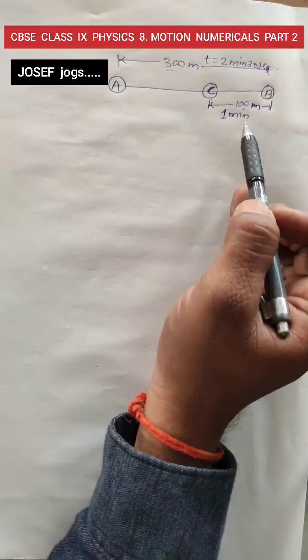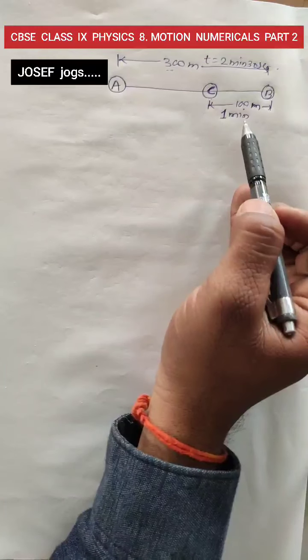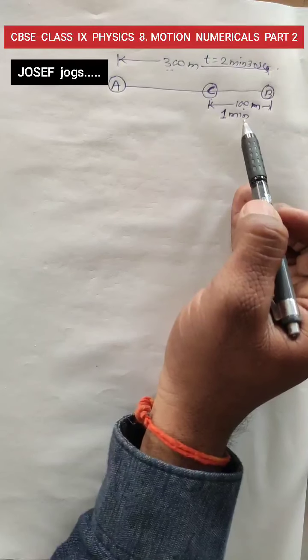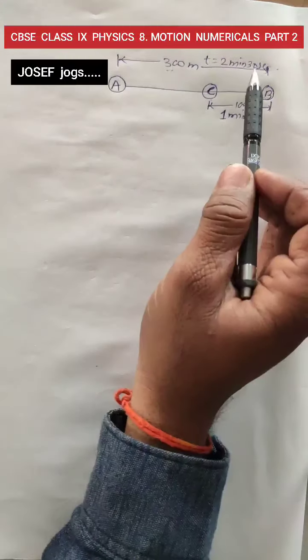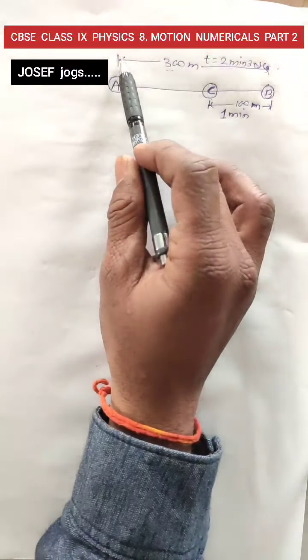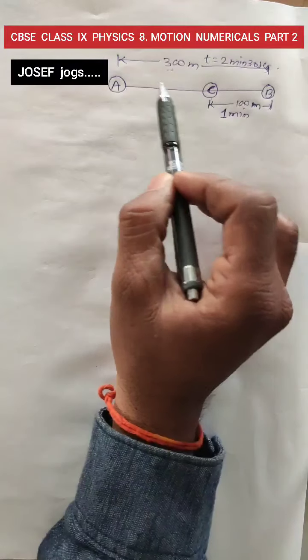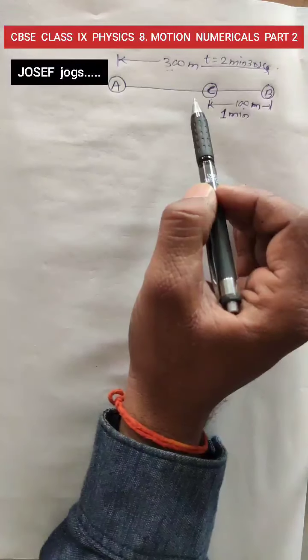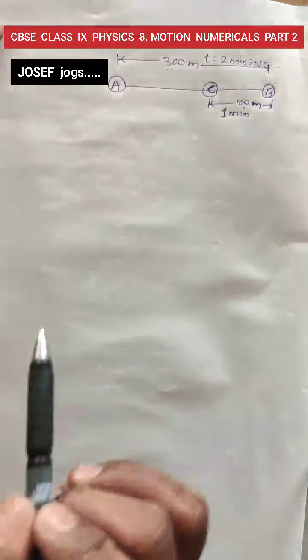We have to find Joseph's average speed and average velocity, number 1 from A to B and another from A to C, that means via A, B and C, not directly. So for this purpose, just write down the given terms.